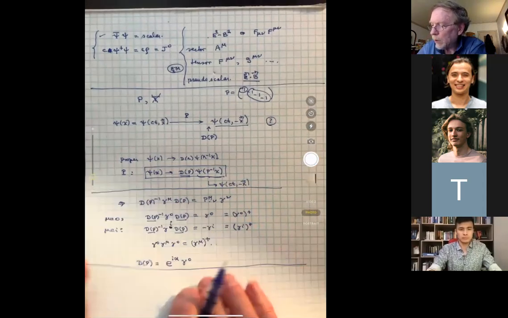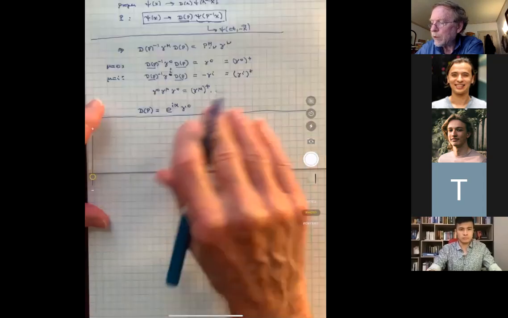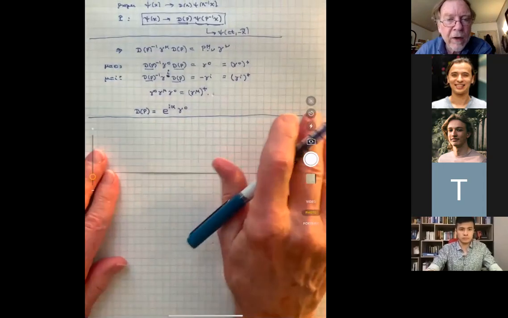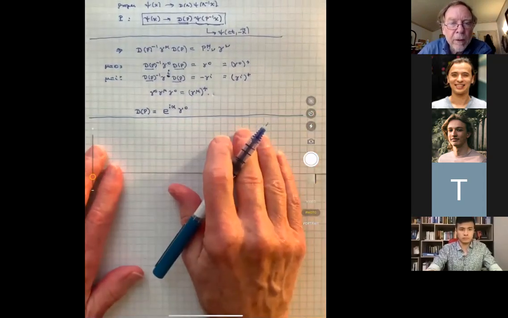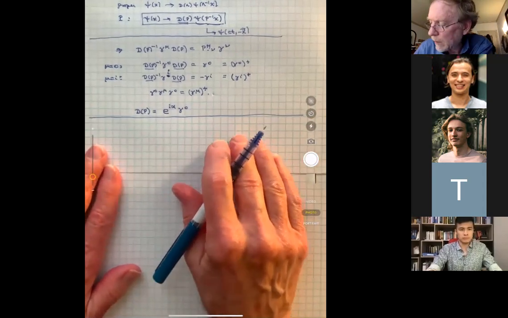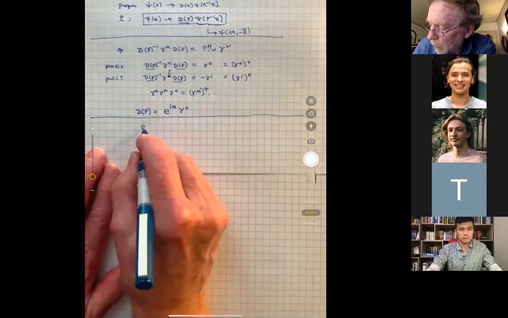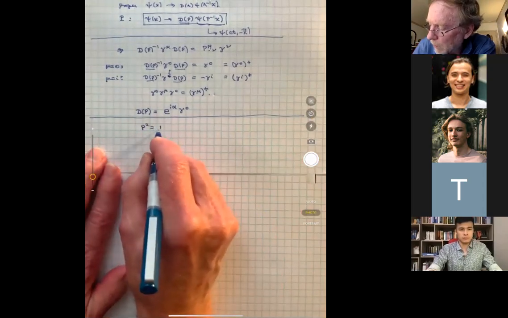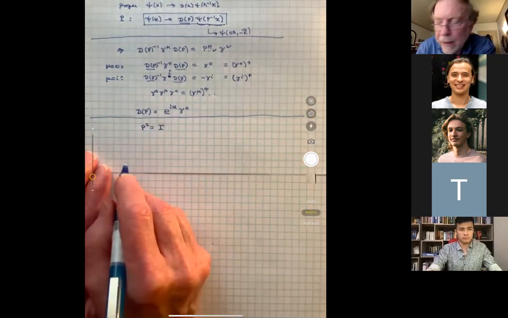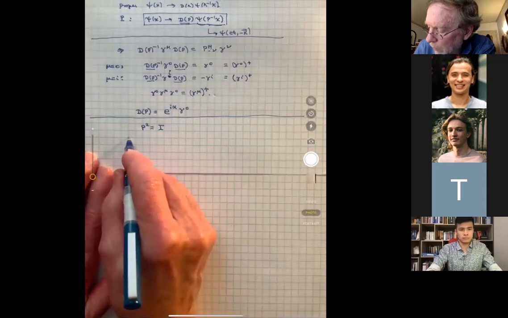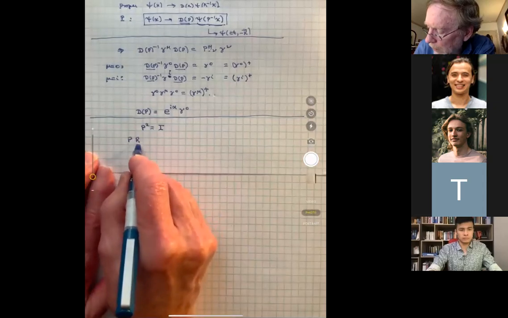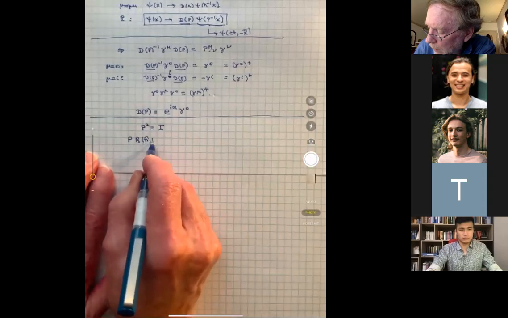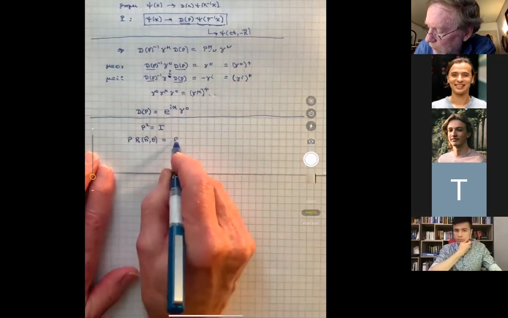However, we can look at further conditions which the D of P matrix ought to satisfy. It ought to satisfy the multiplication rules, the representation of the multiplication rules, for the Lorentz transformations. Here are some of them worth looking at. If you square the spatial inversion operator, you get the identity. That's kind of trivial. Another is if you multiply it times a proper rotation, let me call it R of n hat, theta, you find that it commutes with it.